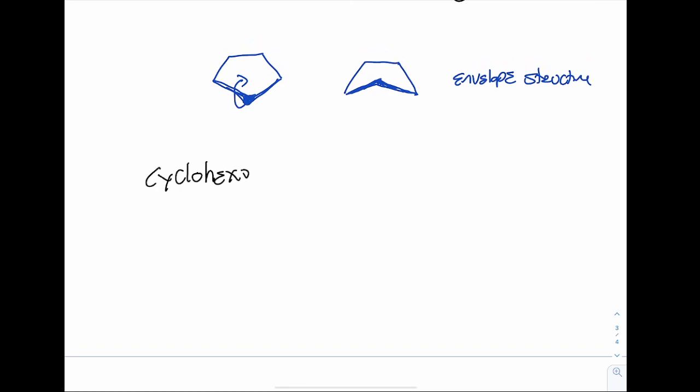Cyclohexane, I think you guys are probably getting the deal. We're going to spend most of our time, however, on cyclohexanes. Cyclohexane is the most common cycloalkane. So essentially the rest of this chapter is going to be on cyclohexanes.